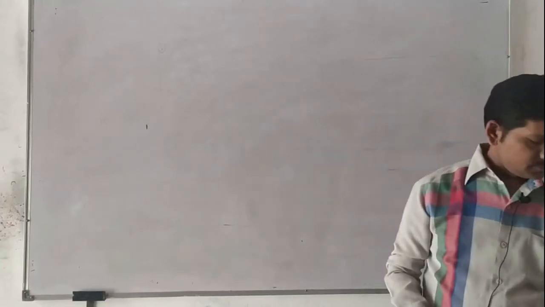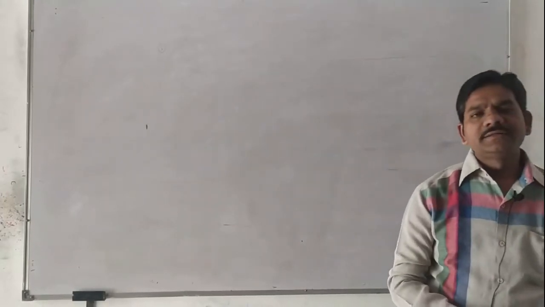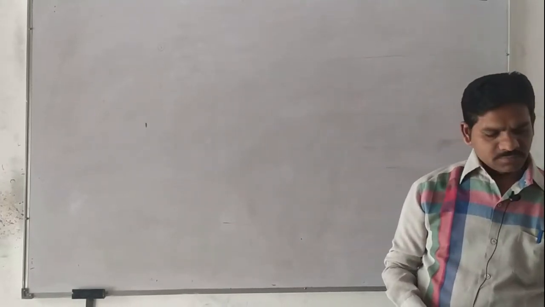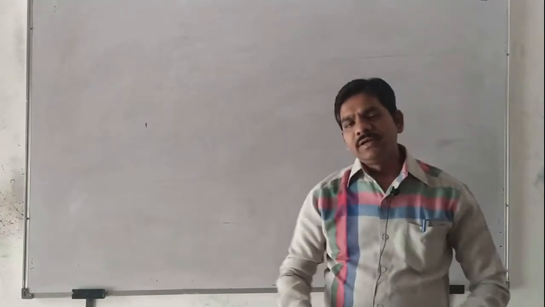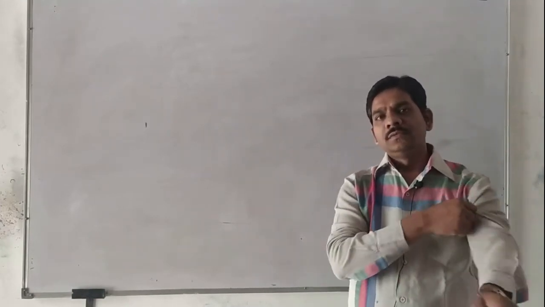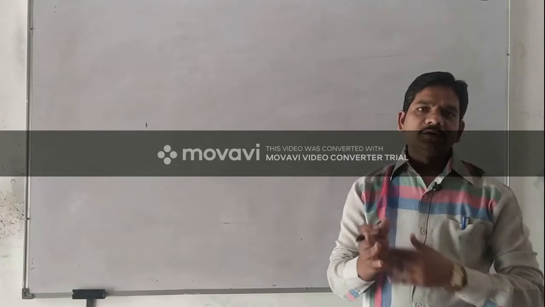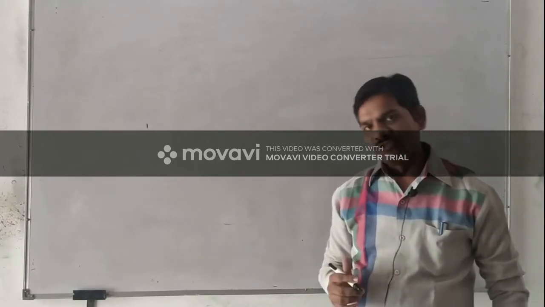So, today we have to start the new topic of unit number 5, discharge through an isentropic nozzle.